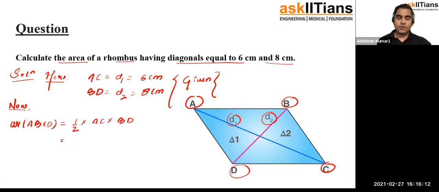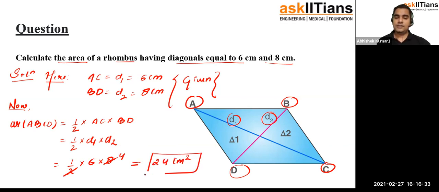Correct? So what is AC? AC is D1, right? And what is BD? BD is the same as D2. So if you substitute the values, you will get 1 by 2 into 6 into 8. So this 2 will cancel with 8, 4 times. So you will be getting 6 into 4, and 6 into 4 is 24. So you are going to get 24 centimeter square as the area of the rhombus under consideration here.